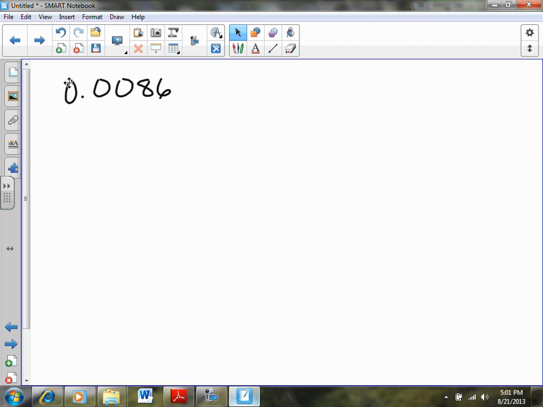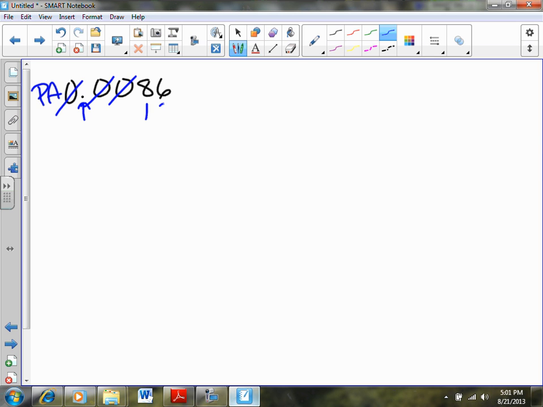0.0086. So there are 2 different rules that you can use. Each one should give you the exact same answer. The Pacific rule says you start on the left-hand side because there is a decimal. And you count starting with the very first non-zero digit, which happens to be 8. 1, 2.